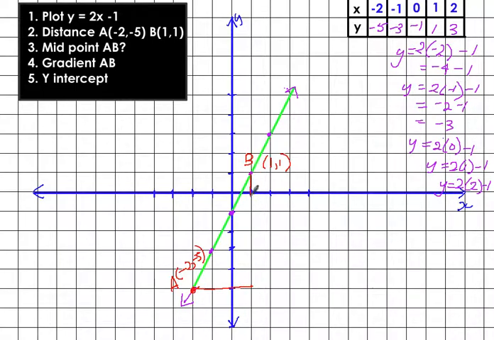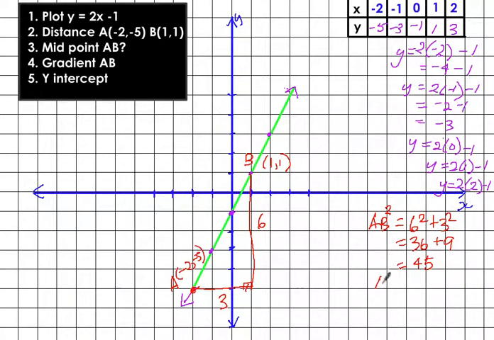I draw in an imaginary triangle. I can count this side here, 1, 2, 3, and I can count this side, 1, 2, 3, 4, 5, 6. So the distance AB squared, using Pythagoras, is 6 squared plus 3 squared, which is 36 plus 9, equal to 45.